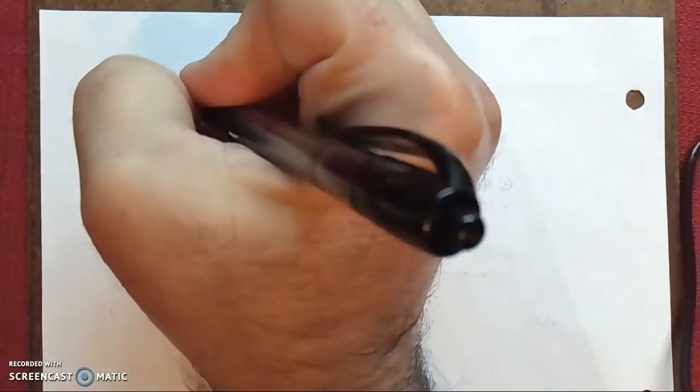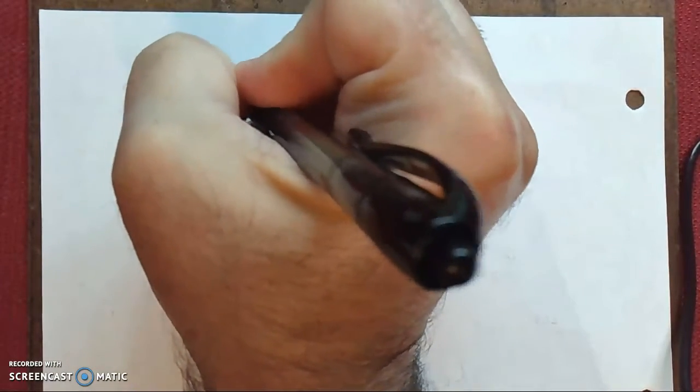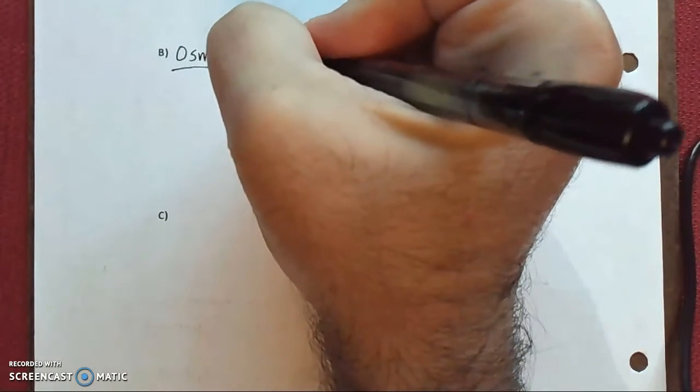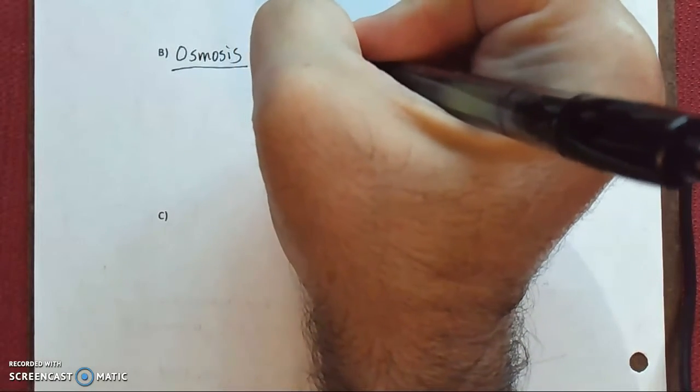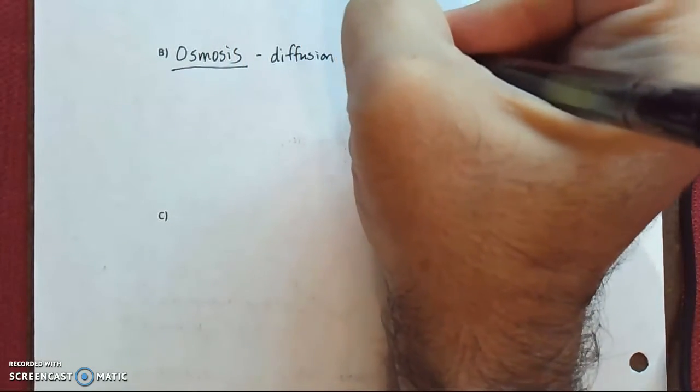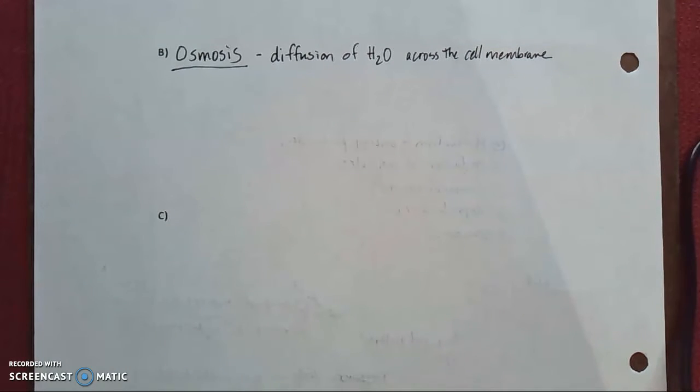Sorry about that. So our second one is called osmosis. Something that was covered very heavily in Bio 1. And this is a form of diffusion, but it's the diffusion of water across the cell membrane. And the reason water is able to move through the cell membrane, even because of the hydrophobic areas, is because it is so small compared to everything else.